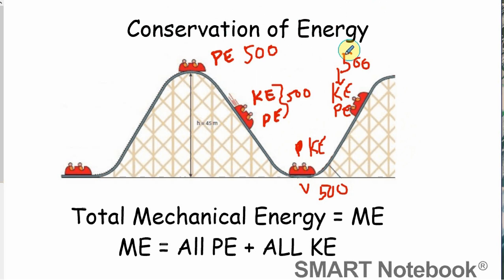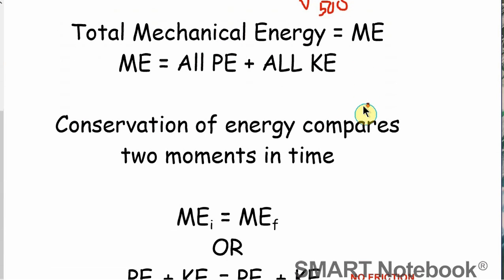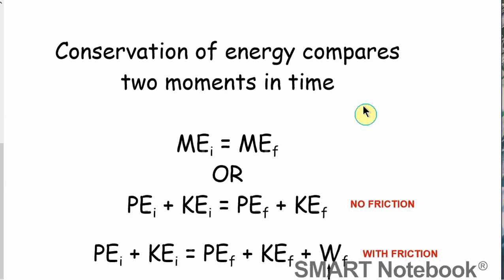All right? So, mathematically, what this tells you is that the total mechanical energy, which we'll abbreviate as ME, is just a sum of all of the potential and all of the kinetic. And I didn't have any spring potential energy in this particular example. So the conservation of energy compares 2 moments in time, so you have before and after.